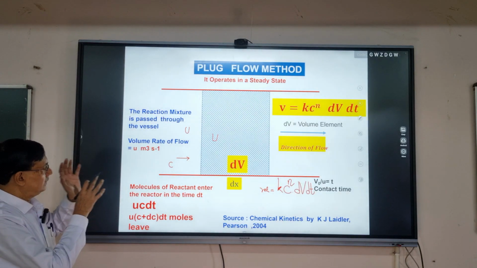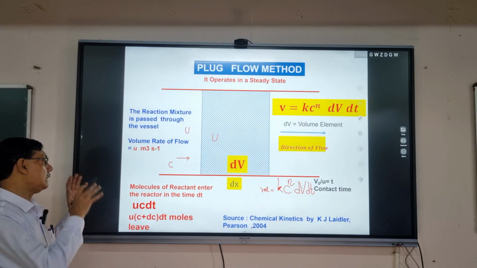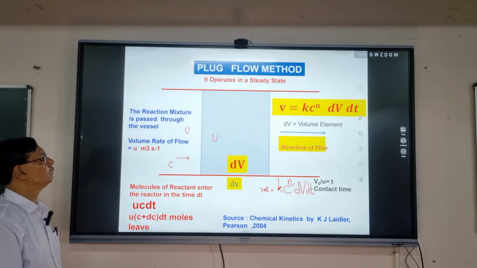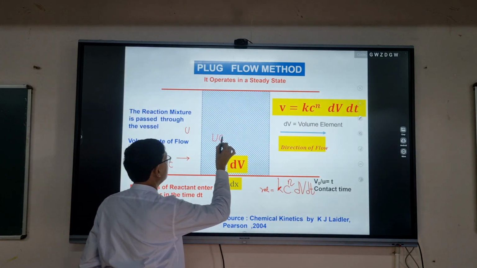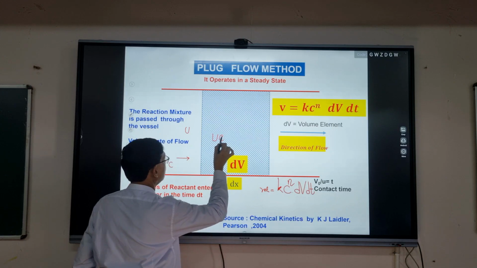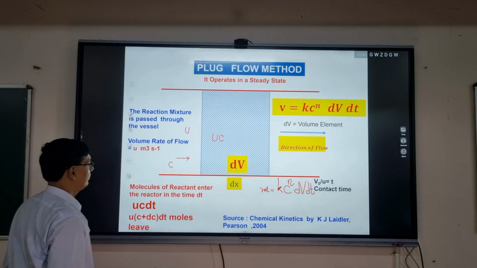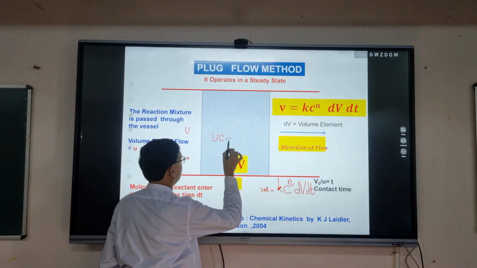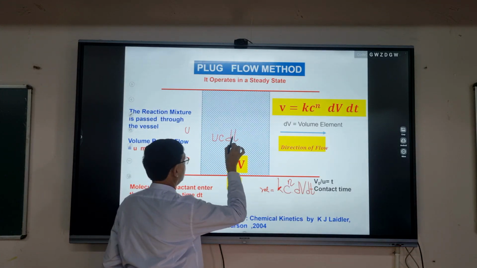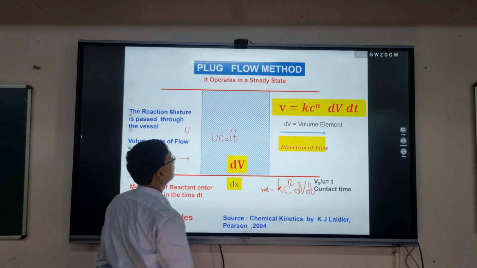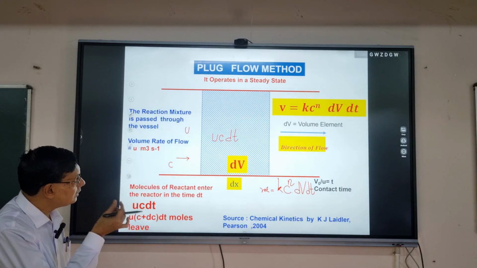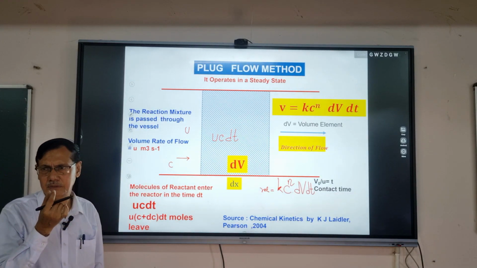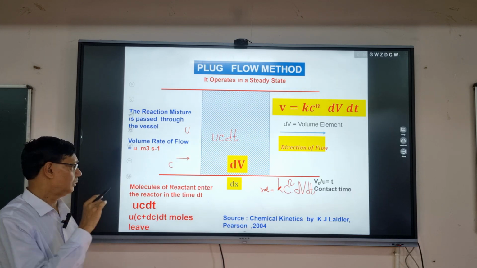The second part is that when the molecules of the reactant enter the reactor at this particular rate, we can write this as UC, where C is the concentration, with respect to time. When this crosses the reactor, there is a change in concentration, very small changes. So what do we write?